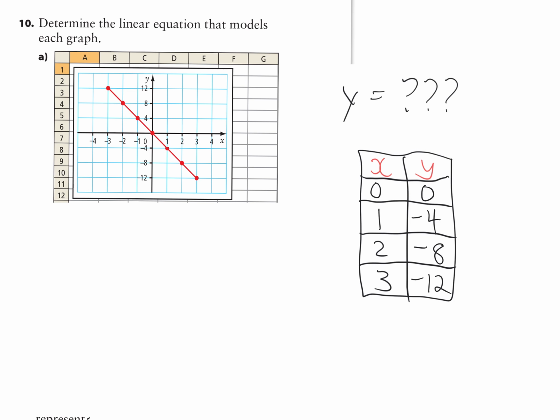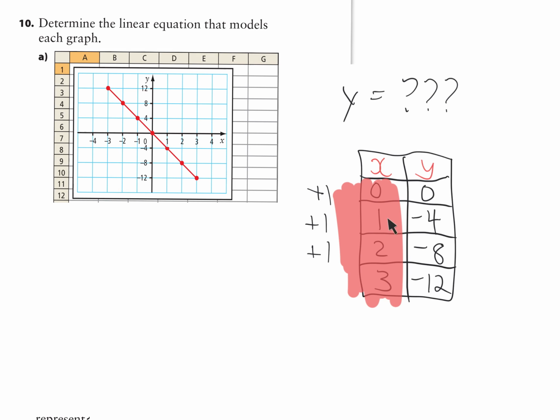Okay, guys, here's what you do. If the x numbers are going up by 1 each time, +1, +1, +1, meaning 0 plus 1 is 1, plus 1 is 2, plus 1 is 3, then I'm good to go.